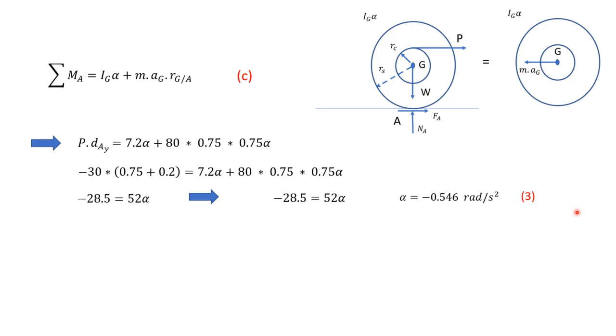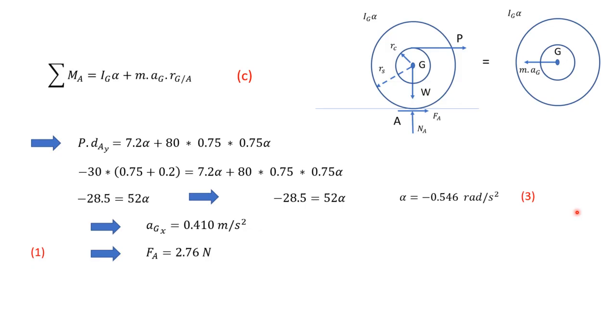Now I'm going to substitute that in the equation of the acceleration AGX, and I'll find that this acceleration is equal to 410 meter per second squared. And simply by substituting that in equation 1, we're going to find that FA is equal to 2.76 Newton.